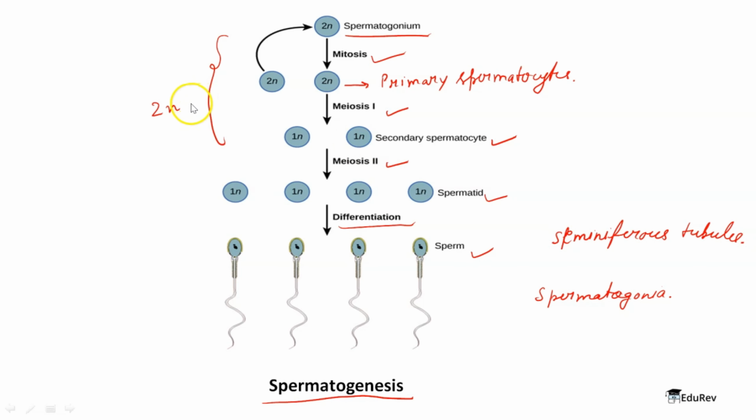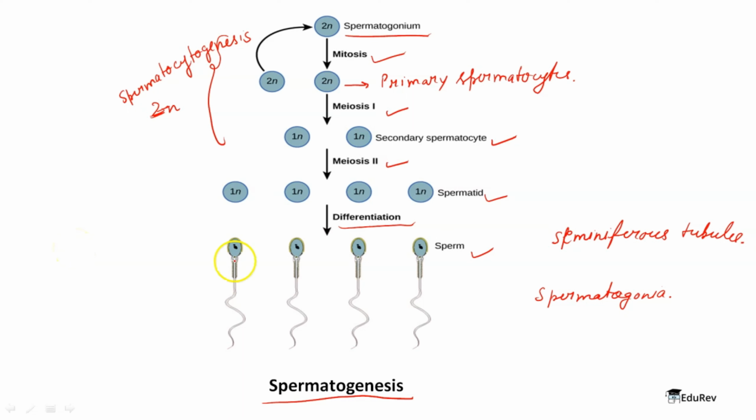So when the formation of spermatocytes is taking place, that process is known as spermatocytogenesis. What is it called? Spermatocytogenesis, right?